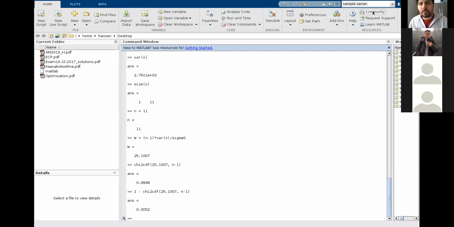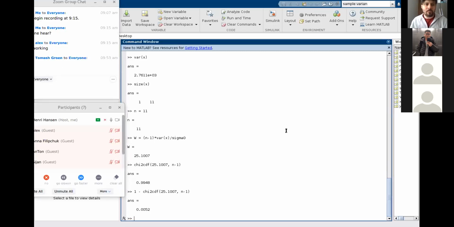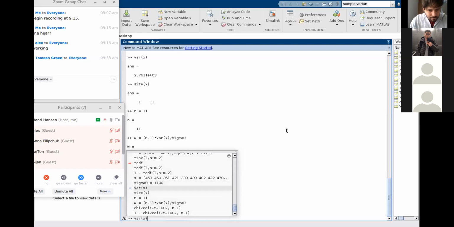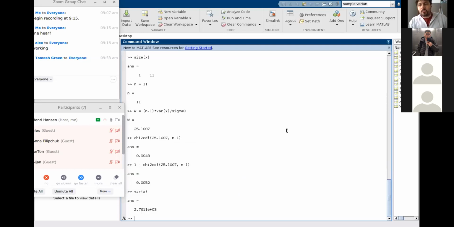And honestly, the variance seems a bit big, doesn't it? If you look at this variance of X, it seems a bit big. It was supposed to be 1100. So if it's changed, it's probably grown. So let's take the null hypothesis as whether or not it's grown. Is this too big? So I'm going to calculate the critical region.